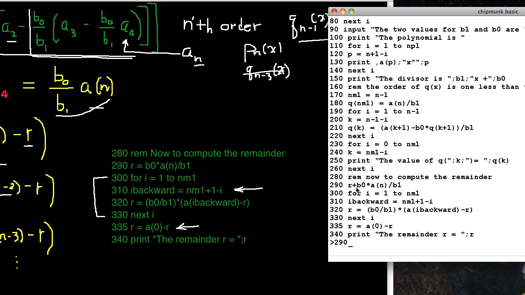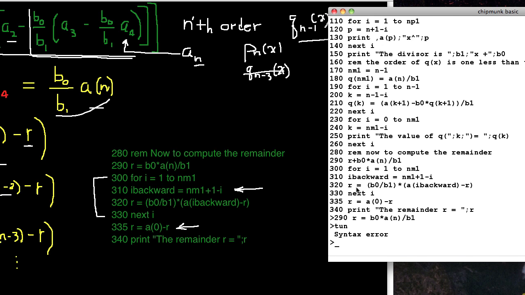290 R equals B0 times A sub n divided by B1. Okay, run.